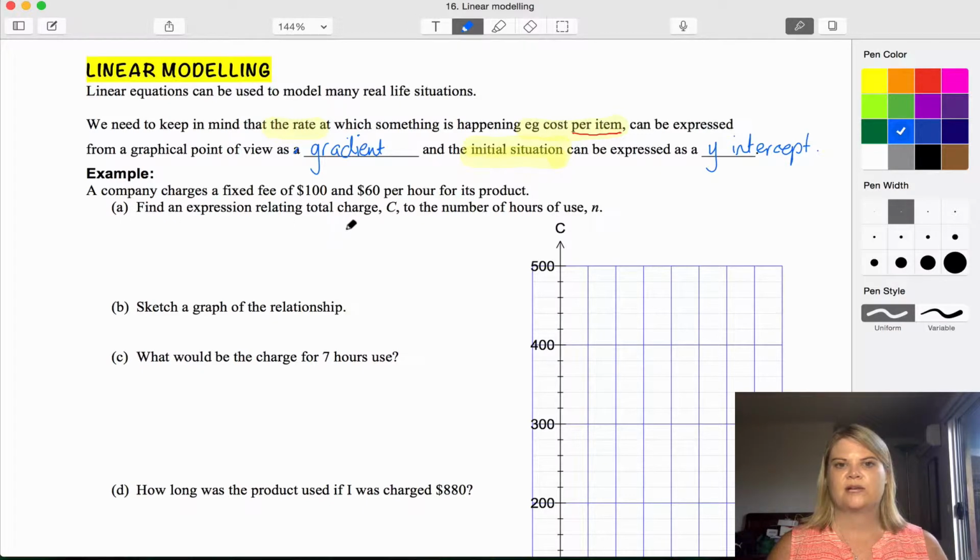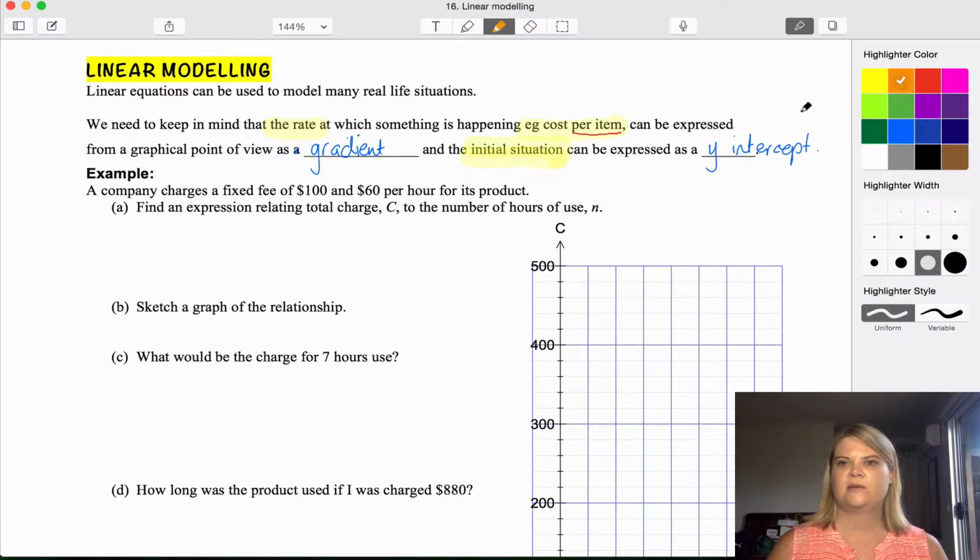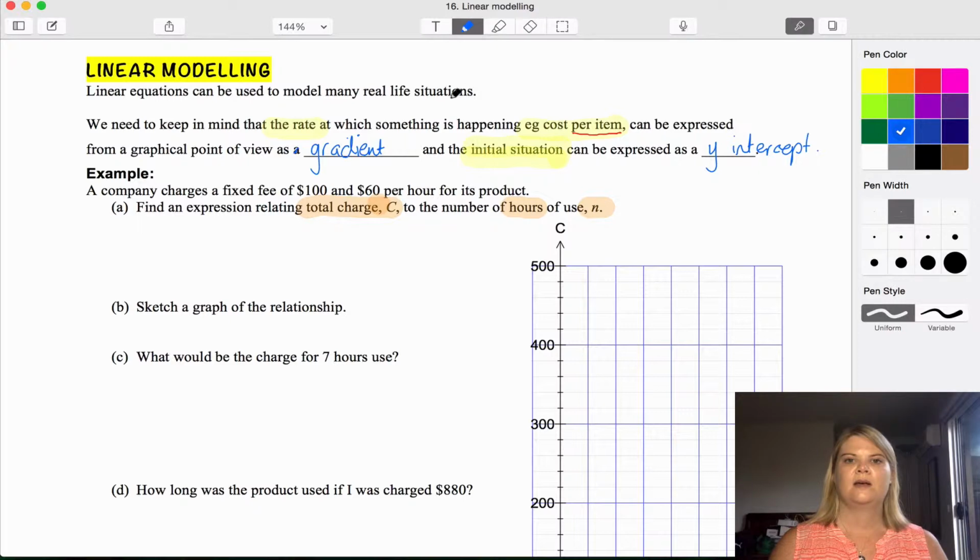Find an expression relating total charge, C, to the number of hours of use, N. In this example, they've given you the two variables, C and N, which is hours. If you aren't given that in the question, then you need to start by defining your two variables.